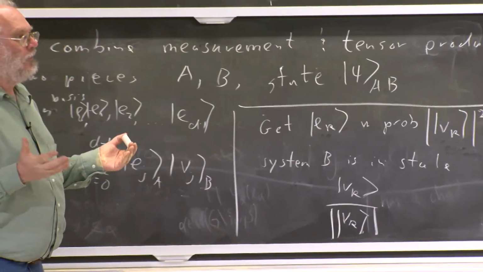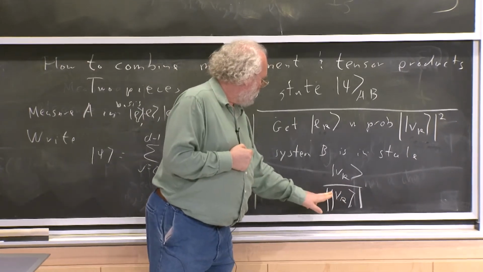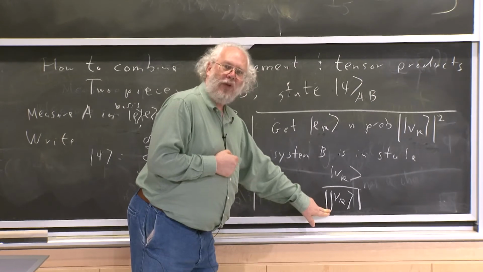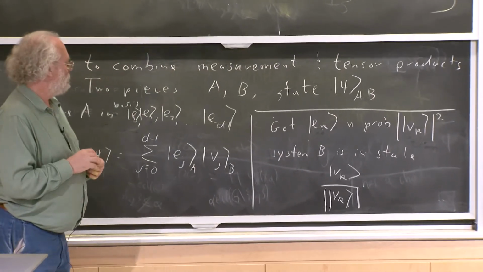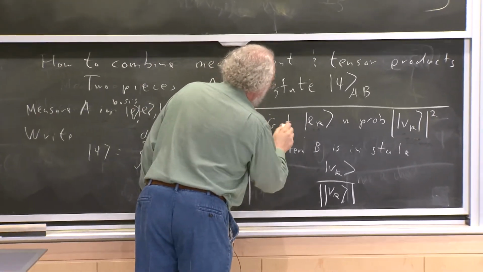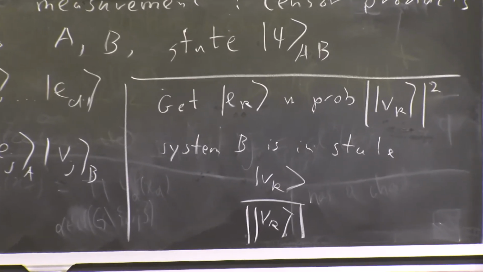And system B is in the state v sub k when you divide by its length to make it a unit vector. So I should say this is the measurement result. Is this clear?